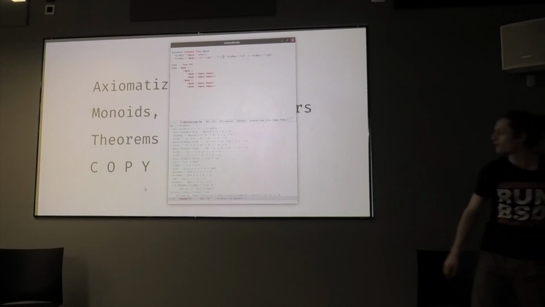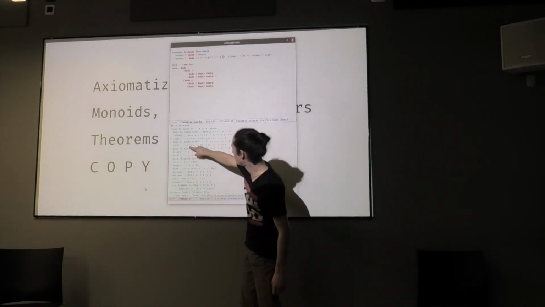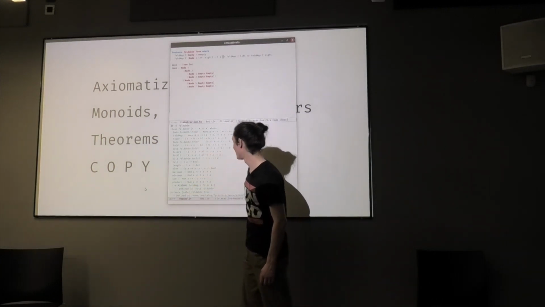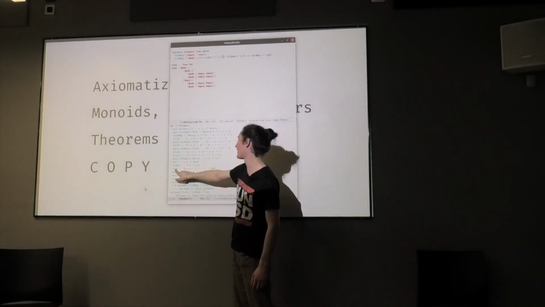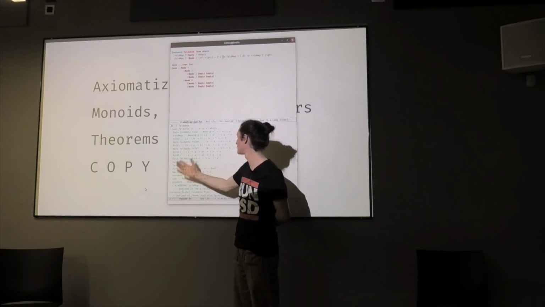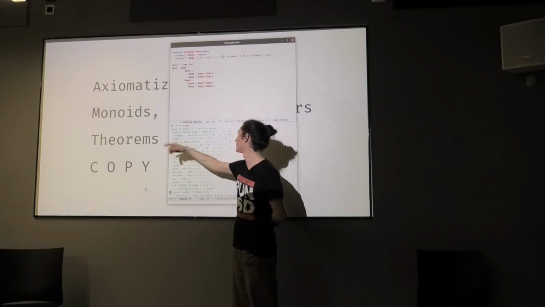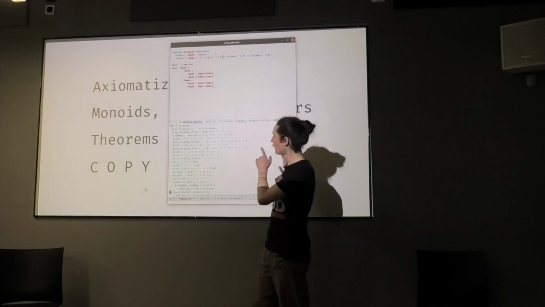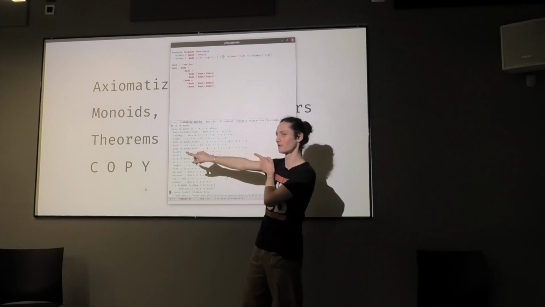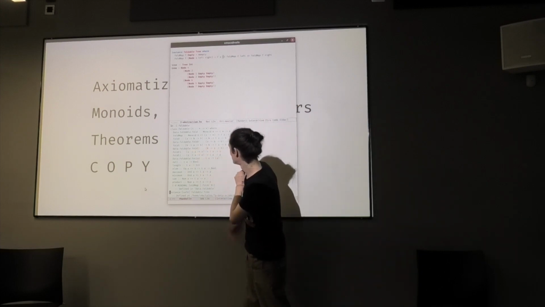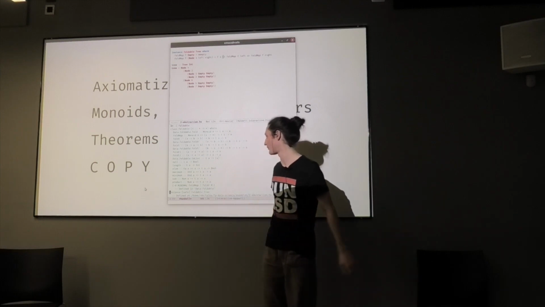So this is some of the things you can get. You can get length. You can check if something's in it. You can do a foldl. You can do foldr, which is the same but going from right to left. You can convert it to a list. All sorts of stuff.